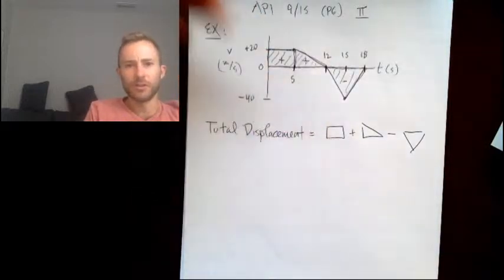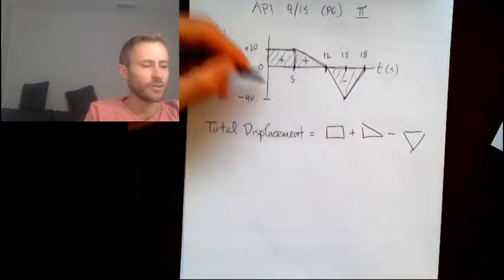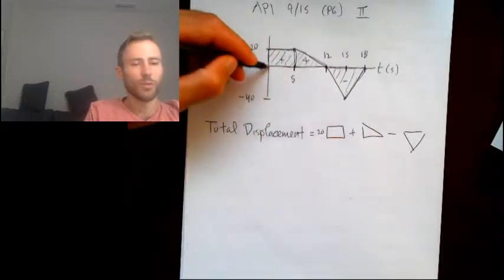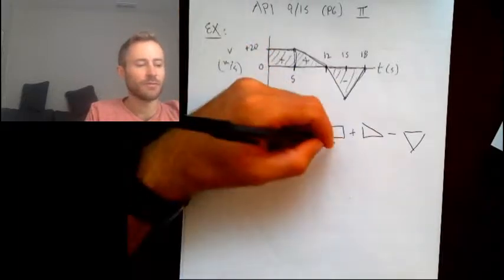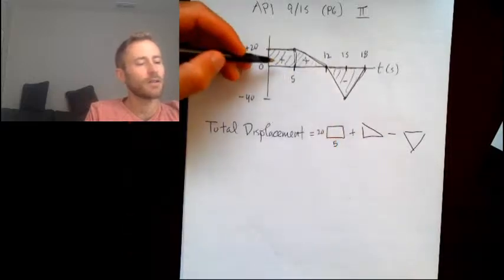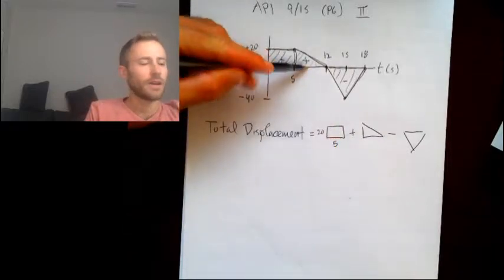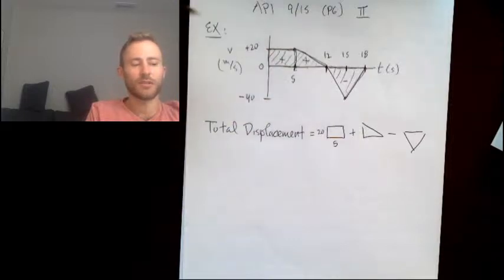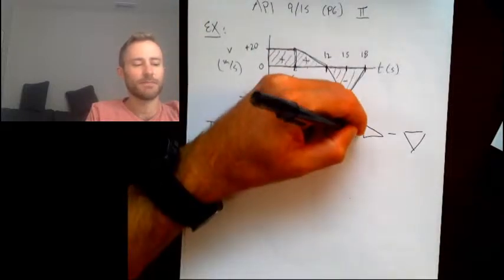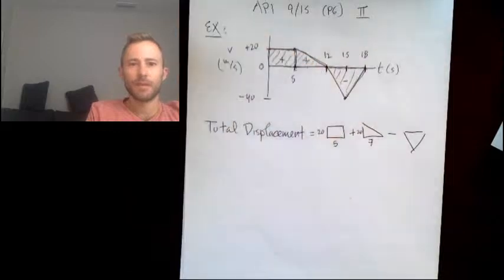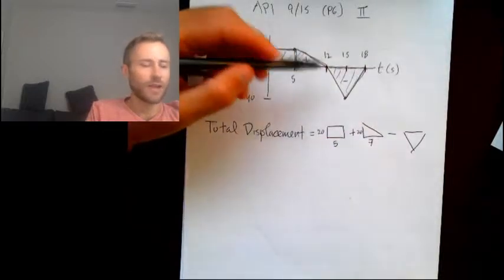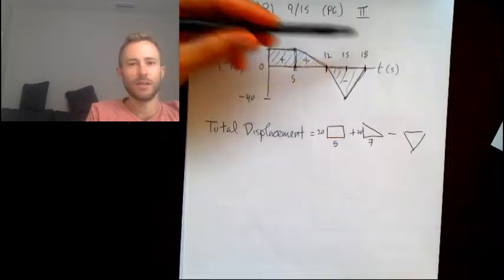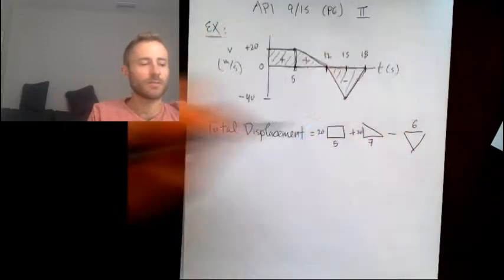So I'm going to literally just write the dimensions on here. This rectangle has a height of 20, and it has a width that goes from 0 to 5. This triangle has a height of 20, and it goes from 5 to 12, so that's a width of 7. And then this last triangle goes from 12 to 18, so that's a base of 6.